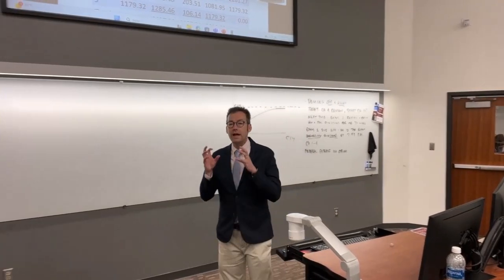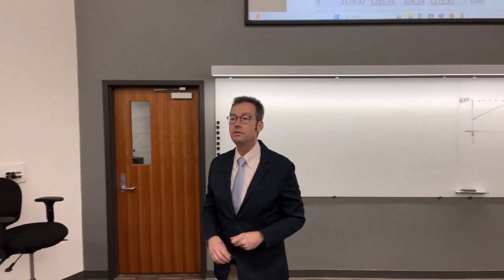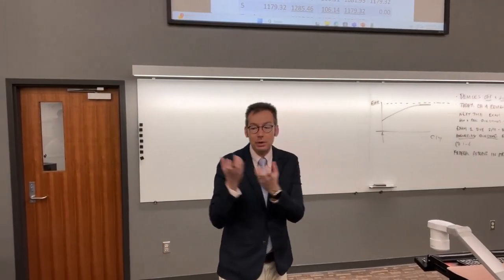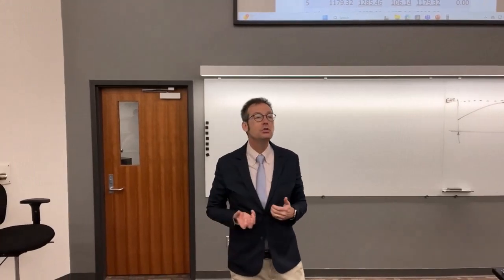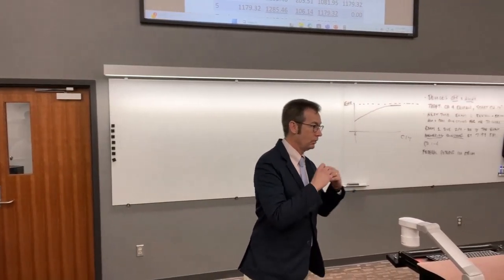If you want to find out how much interest that you pay over the life of the loan, all you have to do is take the payment times the number of payments. That's going to give you the total amount of money that you paid. Now, we said that represents both interest and principal. If it's both interest and principal, all I have to do is subtract out the principal, which is the amount that I borrowed.